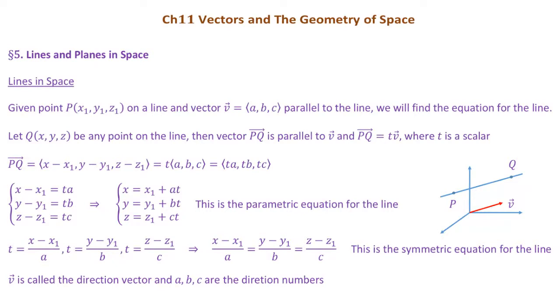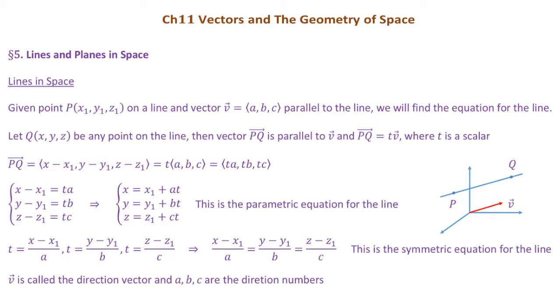Okay. So let's start with lines in space and how we can write the equation of a line in 3D space. We know how to write the equation of a line in the XY plane, but in 3D space, how do you write down the equation? Again, let's say given a point P with the coordinates x1, y1, z1 on a line.